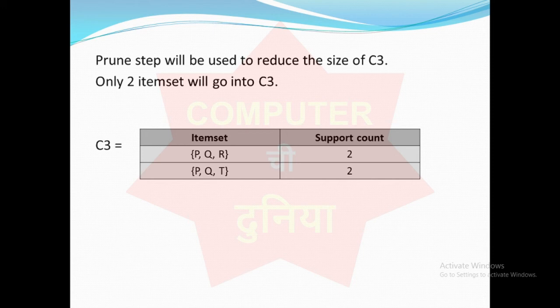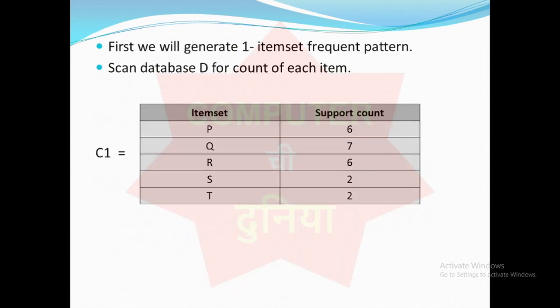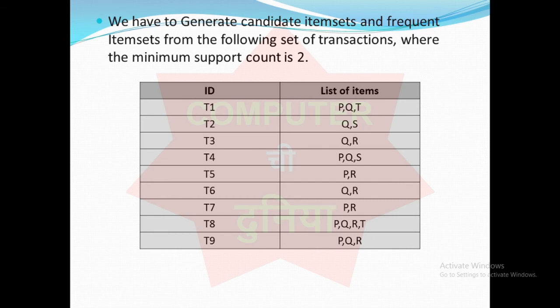After finding these item sets, now we have to check their support counts. For that purpose, again we will check our data set. For PQR, transactions T8 and T9 contain PQR. So the support count is 2.